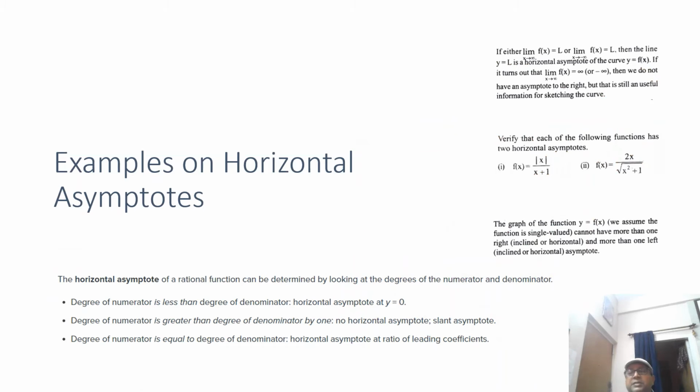Just in this example we'll see that, by remembering the definition that the limit of f(x) is equal to L or k or b, whatever you say, we'll get a horizontal asymptote over there. Suppose for this sum we want to verify whether the graph has an asymptote or not, where f(x) equals 2x by under root x square plus 1.